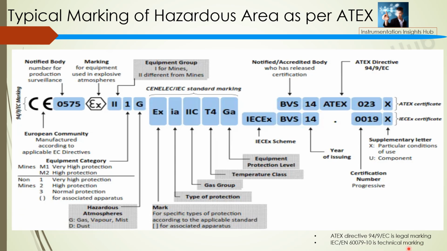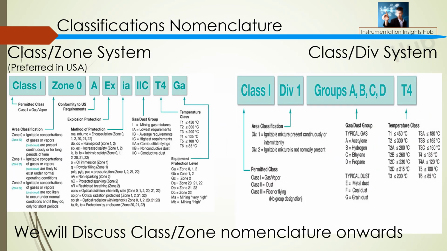And this is a technical marking of that equipment, saying that yes, this can be used with this much protection technique, this temperature group, and this gas group, right? Now we will see in detail what the types of protection, gas group, temperature class and EPL are, right?